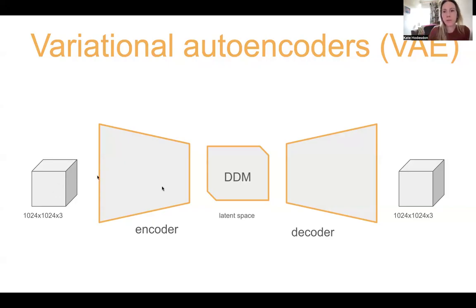But like all good representations, it has some nice properties that make it more practical to work with than working with the data itself. So latent space representation of image data is efficient. And that means it makes do with fewer parameters.